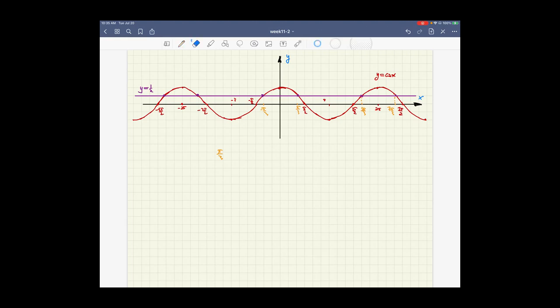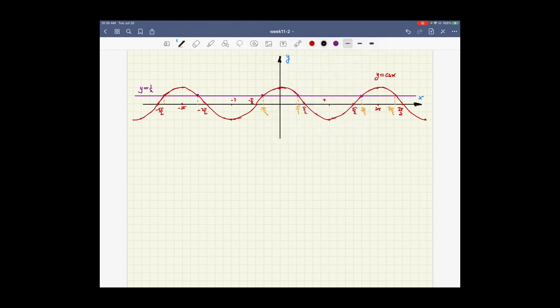And so on. There are infinitely many points where our line y equals 1/2 intersects the graph of cosine, and it's not clear which one of these values we should view as the inverse of 1/2.